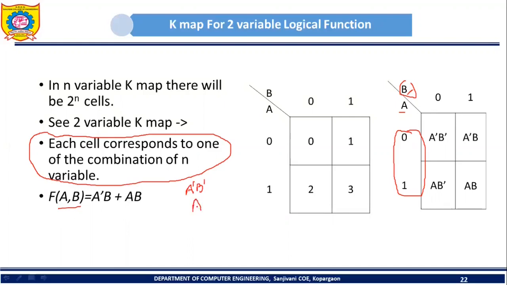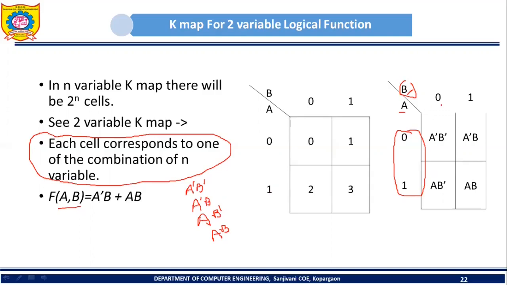The second combination will be A prime, B. The third combination is A, B prime. And the last combination which is possible is A B. Drawing with the mouse is really difficult, so I hope it is clearly visible to you.